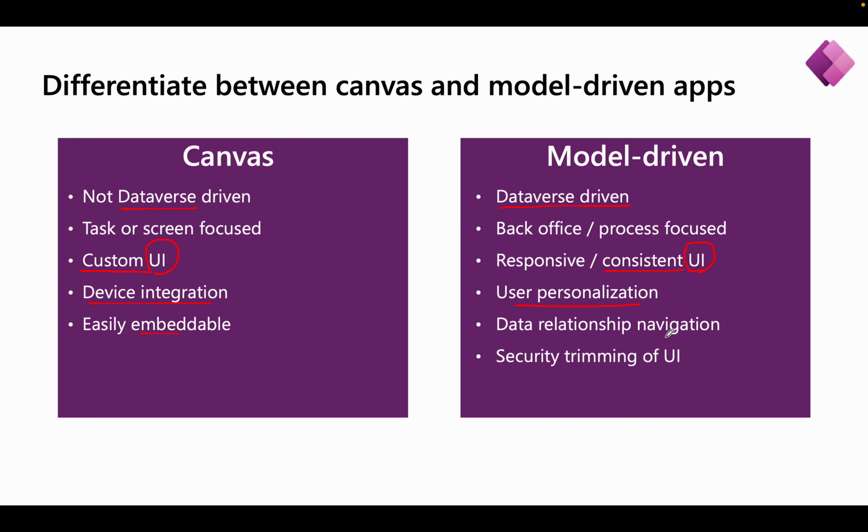In the model-driven app, all data are related to each other, so the data relationship is very important. You may go from one table to the other table through the relationship connection. Security is also very important in the model-driven app.